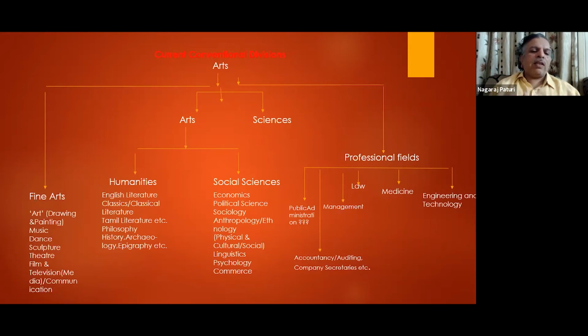Whereas in the case of Alankara Shastra, you have a very clear word called Shastra. And the field called poetics that you had in Greek literature is included in English literature departments. Unfortunately, what happened is when the regional literature departments in India started, they started calling Alankara Shastra poetics.